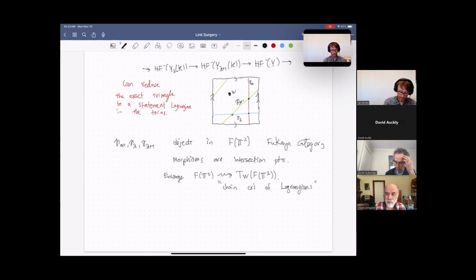Within this category, we can form twisted complexes: you take two Lagrangians and a morphism between them.